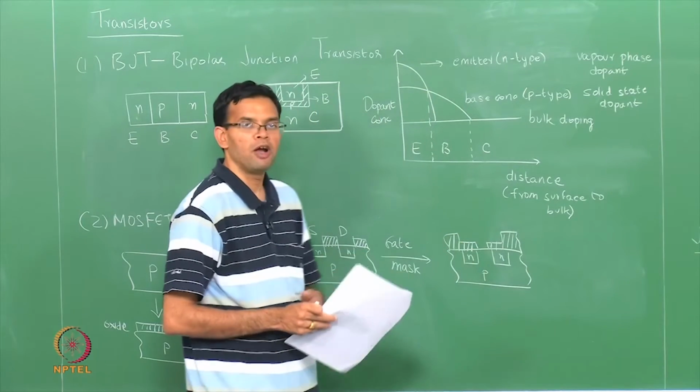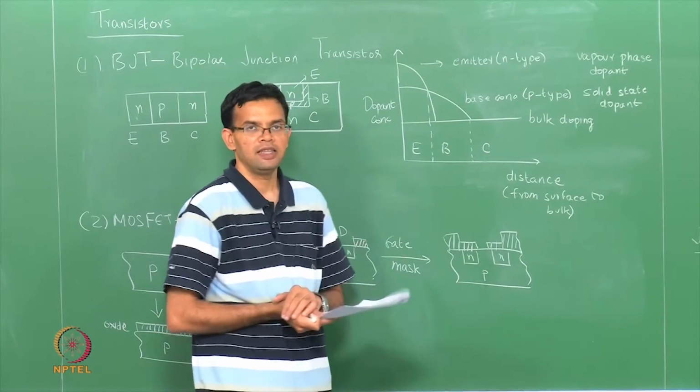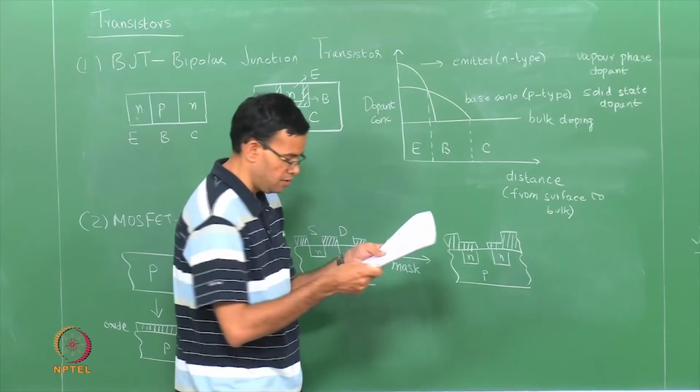Now we have an opening for depositing the gate, and then once again the electrical contacts can be patterned.